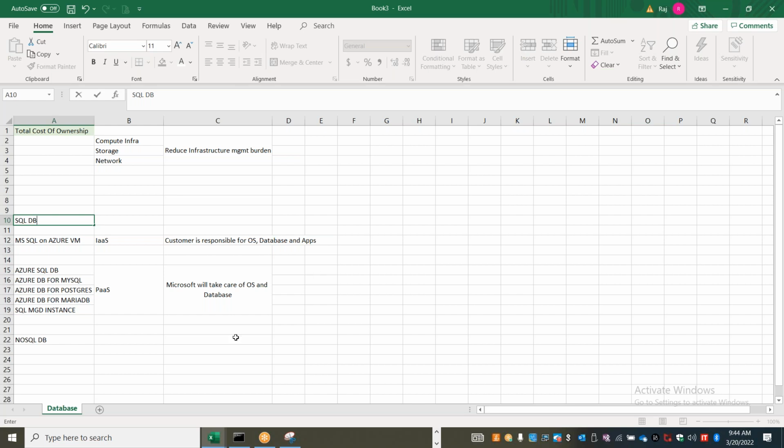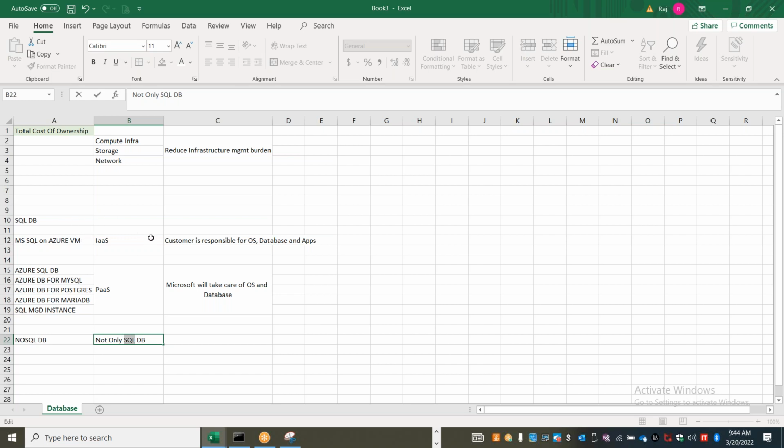Many people call it no SQL, but it actually means not only SQL. It also uses SQL queries, but beyond SQL queries, it also uses some other querying languages, like Kusto Query Language or third-party querying languages. That's what it refers to here.